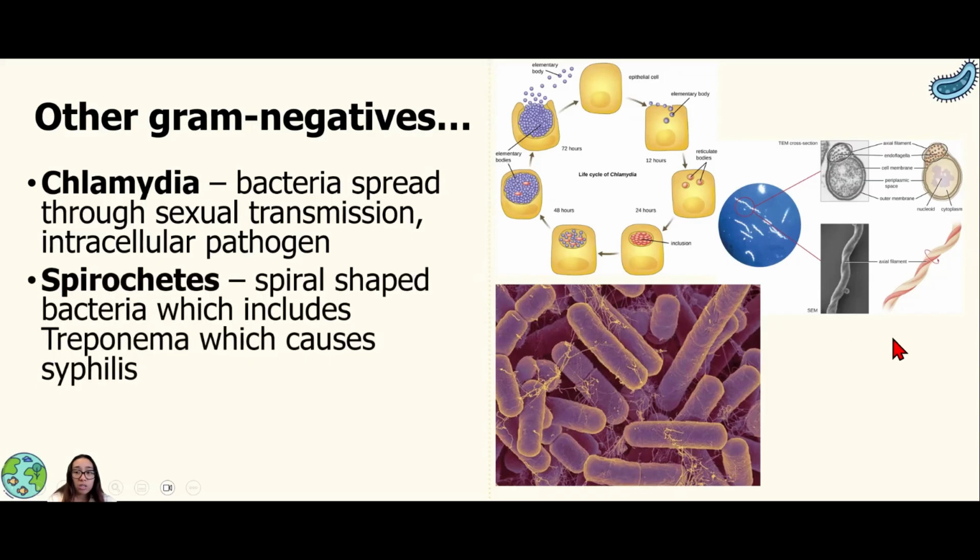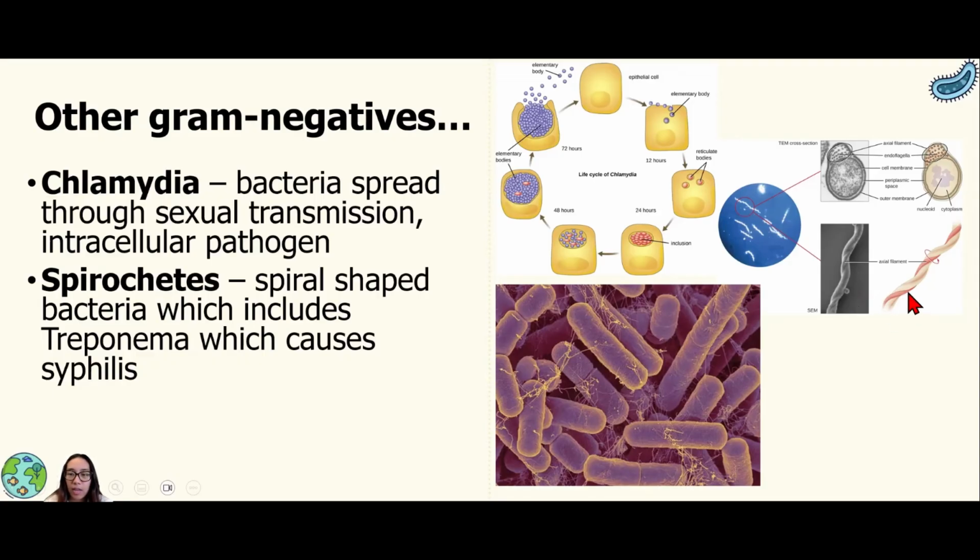The spirochetes are super spirally shaped bacteria, which includes Treponema, one species of which causes syphilis. And there's a picture of the spirochete. As you can see, it has this super twisted kind of shape.